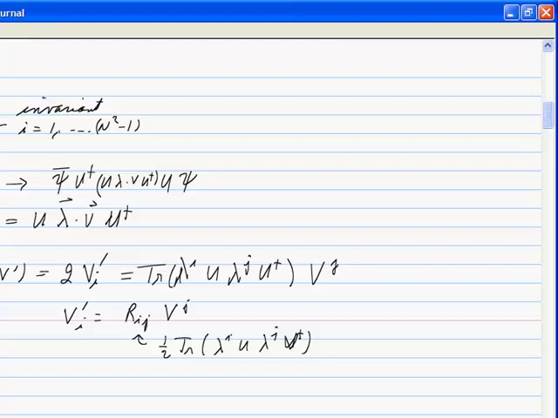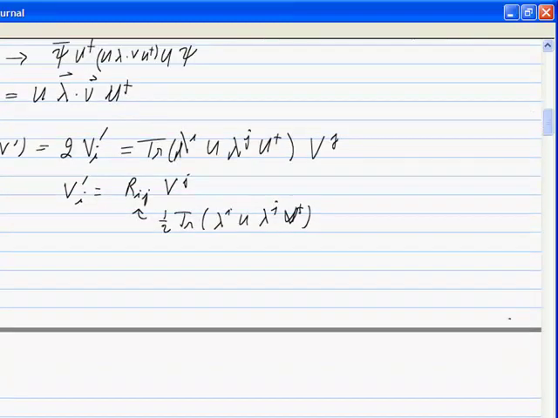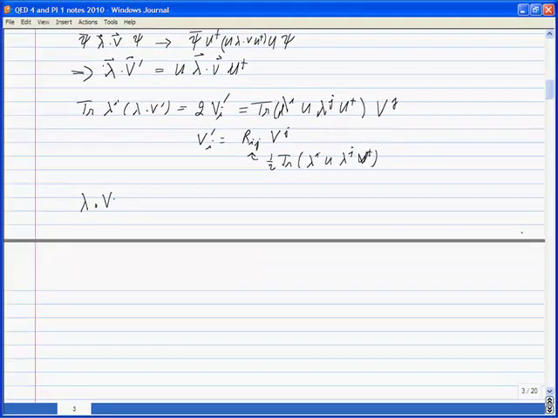But you do need to know that if you want to form an invariant under these guys, let's take λ·V λ·V, so these are two of them. Let me take the trace of that.